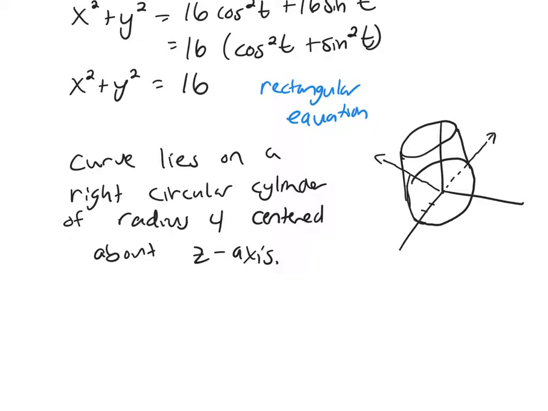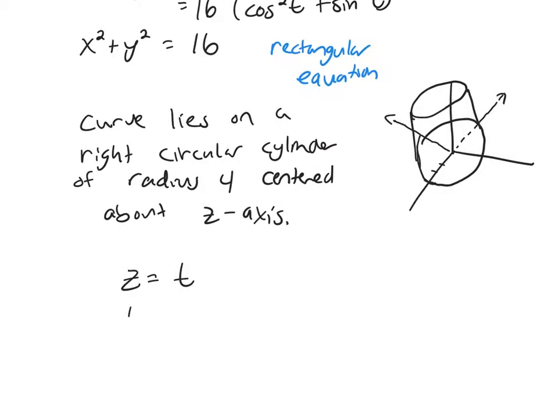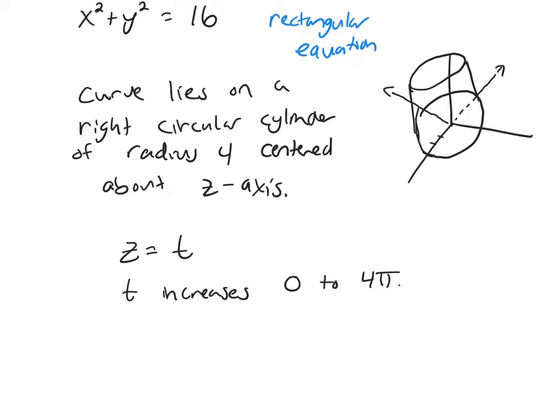Our z-coordinate was equal to t. And remember, t increases from 0 to 4 pi. So what's happening is as t increases, my curve is getting higher up on the cylinder. So this curve spirals up the cylinder.